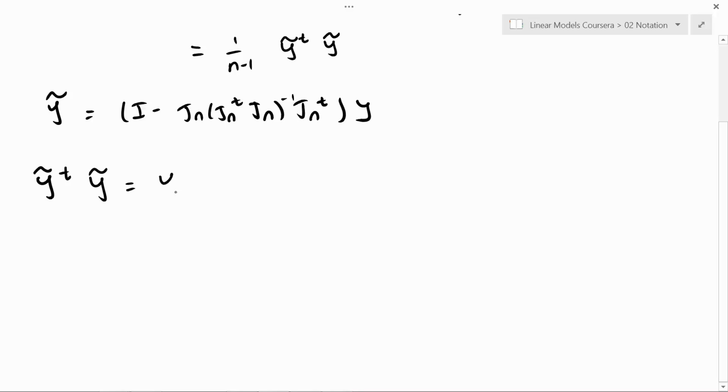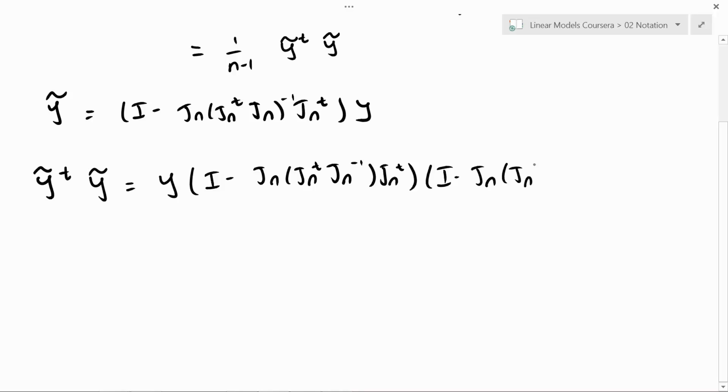That is equal to y transpose times I minus jn transpose jn inverse jn transpose, repeated again, times y. And I would put a transpose up here, but notice this matrix is symmetric. The I is symmetric, and this matrix right here is symmetric if you stare at it carefully.